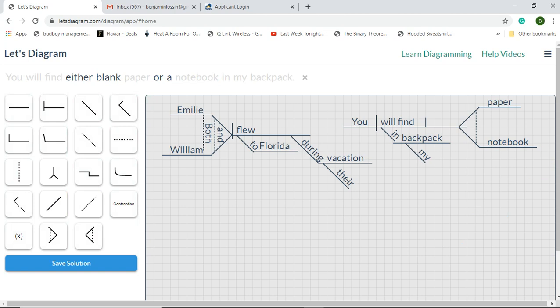So there are two of them. Okay? Or, it's going to be our first correlative conjunction. And either.